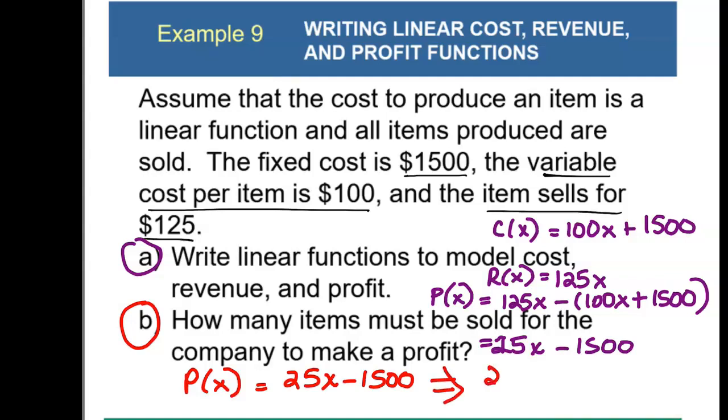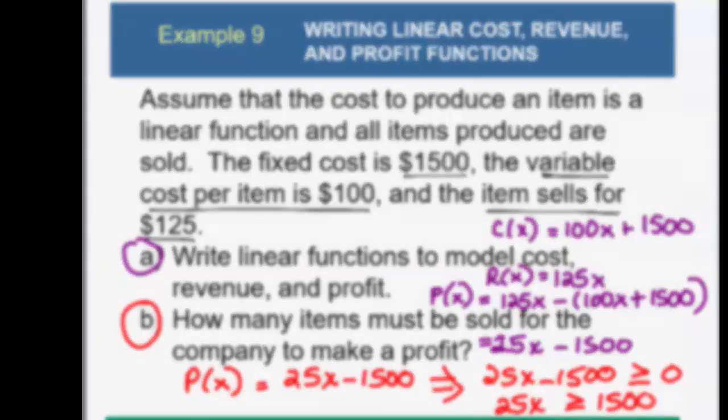So we're simply going to set our 25X minus 1,500 greater than or equal to 0 and solve that. So we have 25X is greater than or equal to 1,500. Divide both sides by 25, and we come up with 60. So that means we have to sell at least 60 items in order to make a profit.